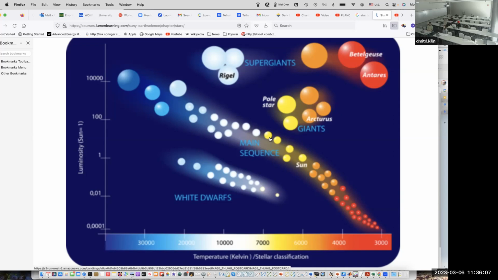Make sense? Well, if you believe this chart, which we do not need to do, we may need to do astronomical observations ourselves. As the temperature of the star increases, it gets more intense.